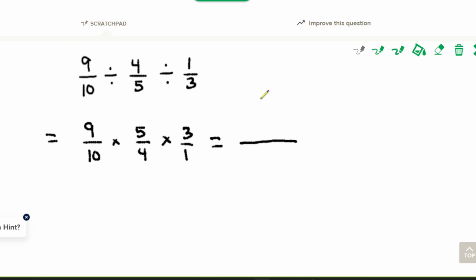Well, 9 times 5 is 45, and then 45 times 3, that's 120 plus 15, that's 135 in the numerator. And then down in the denominators, 10 times 4 times 1, that's 40.